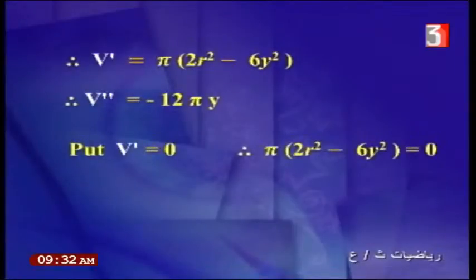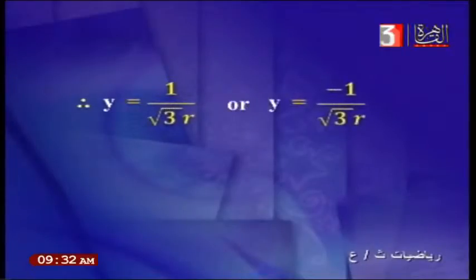Then pi multiplied by (2r power 2 minus 6y power 2) equals 0. Then y power 2 equals 1 over 3 r power 2. Y power 2 equals positive 1 over 3 r power 2. Then y equals 1 over root 3 r or y equals negative 1 over root 3 r.